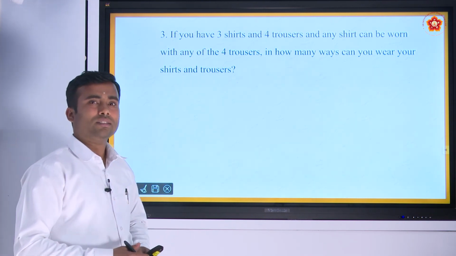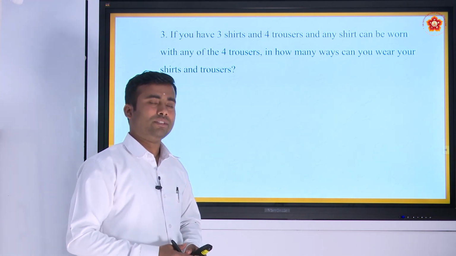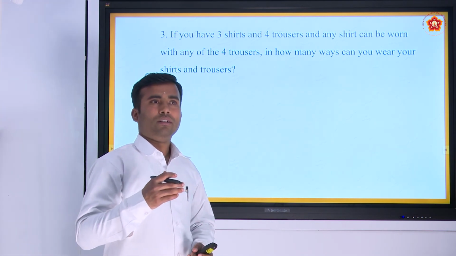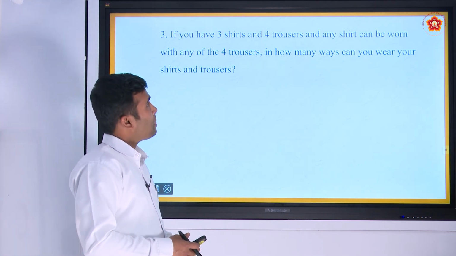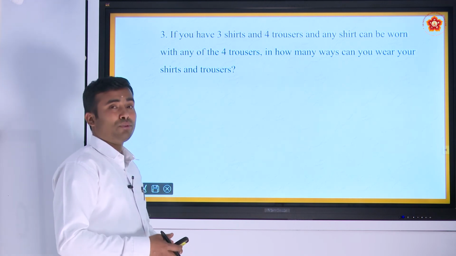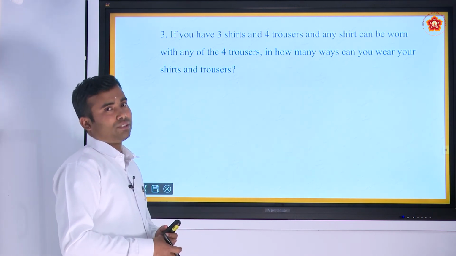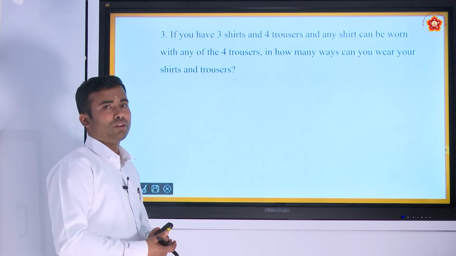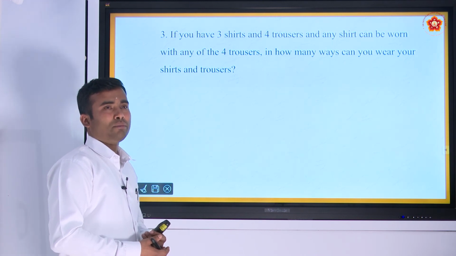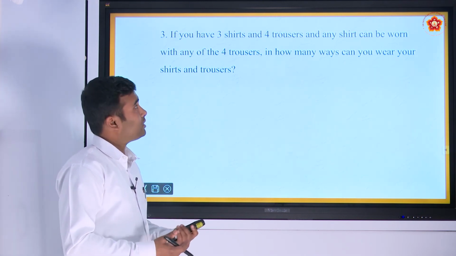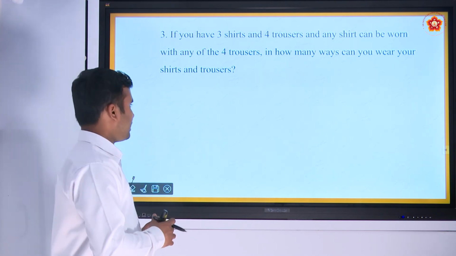As we discussed in the very first example of this session, which is 3 pants, 2 shirts. Understand? Here we have 3 shirts and 4 trousers. For each of the 3 shirts, we have 4 trousers. Then what are the possible outcomes here? So according to the fundamental principle of counting, you can say 3 into 4 is 12 pairs. But how? We'll see that.